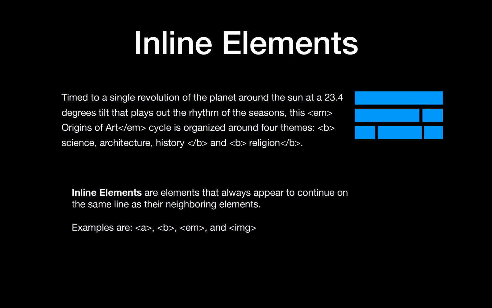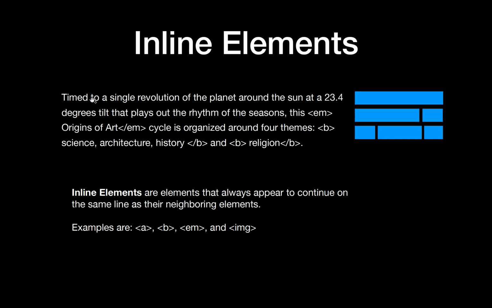Inline elements. If you think about time to a single revolution of the planet around the sun, degrees that tilt out, blah, blah, blah. This is our code, by the way, this is not anything specific that you need to memorize. I thought I would just narrate a little bit.